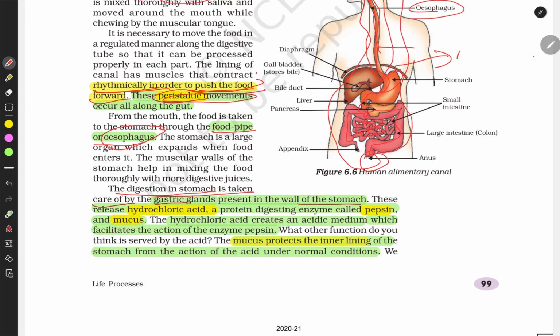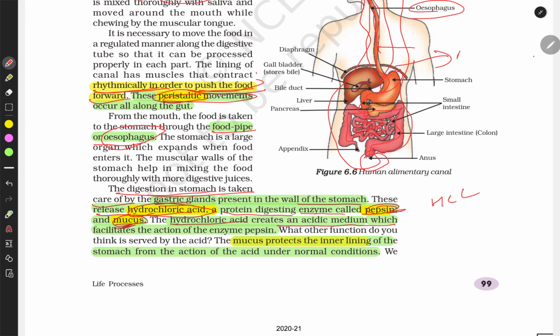The gastric glands release hydrochloric acid, HCl, a protein-digesting enzyme called pepsin, and mucus. Three things it secretes: one is HCl, one is pepsin, and the third is mucus.